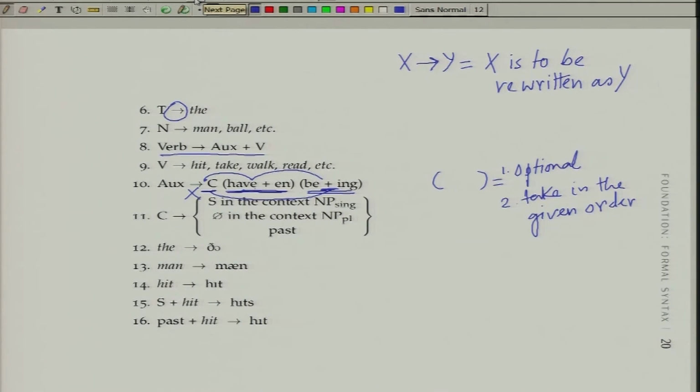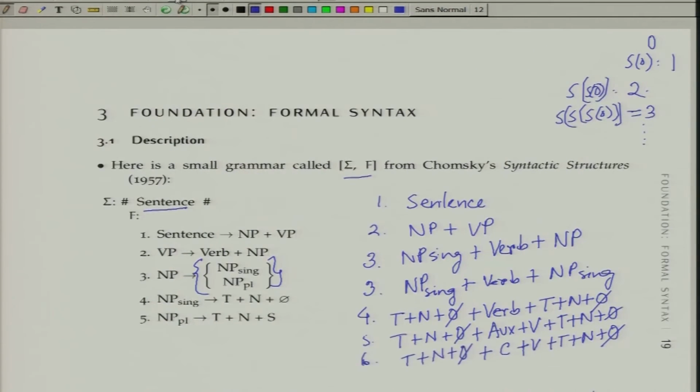T means only one thing, that is the. N maybe is a man or ball or whatever, and V can either be hit or take or walk or read, whatever. Now I get back, I choose this.